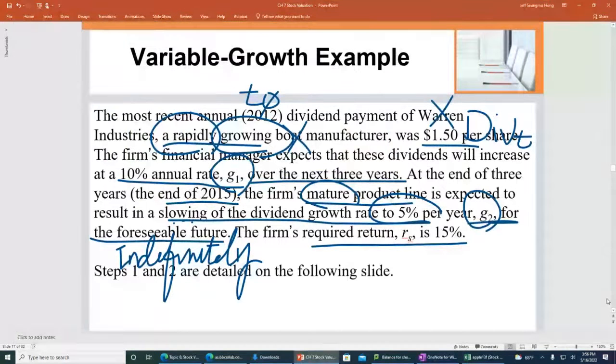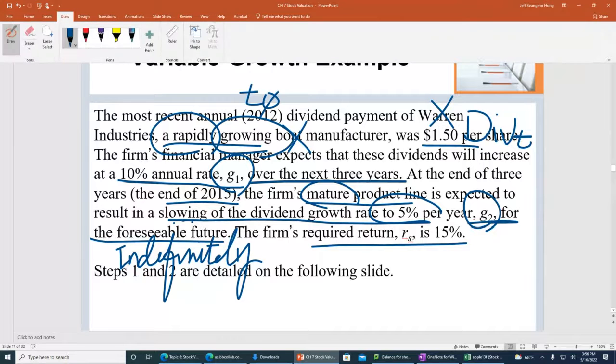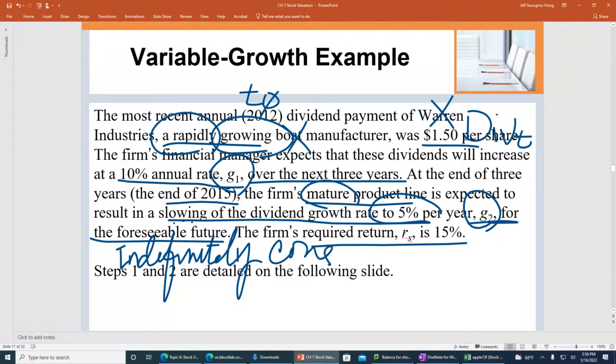I've been telling you, that's the Q4 golden growth model. When it said after 3 years it's going to go into a slow growth phase for the foreseeable future, that means it's going to be constant, indefinitely. So that's the Q4 golden growth model.